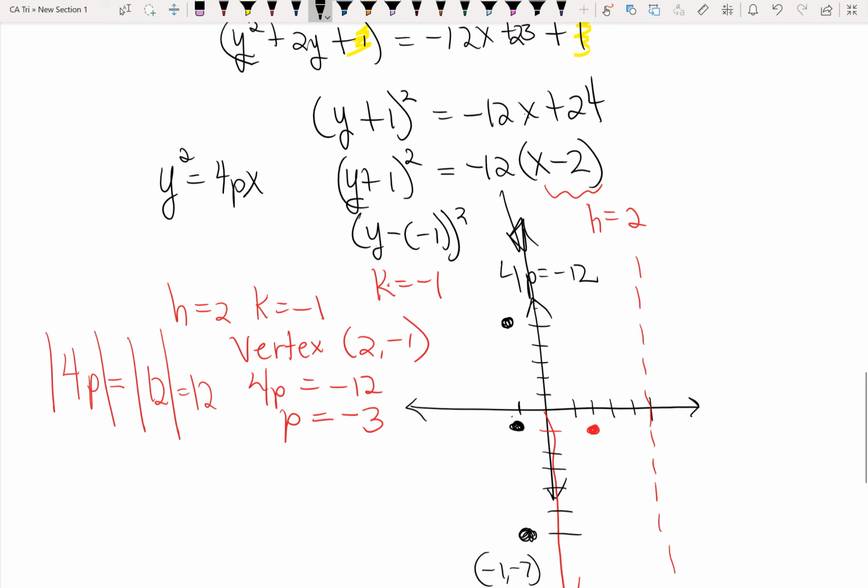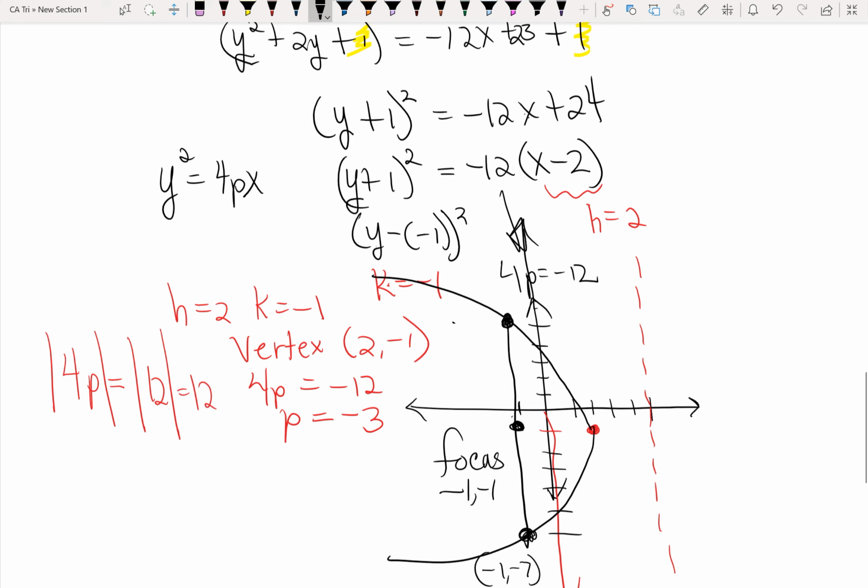Alright, and so our parabola will go like this. And this is your latus rectum here. But remember, this is your focus, which is negative 1, negative 1. So these are endpoints of the latus rectum.